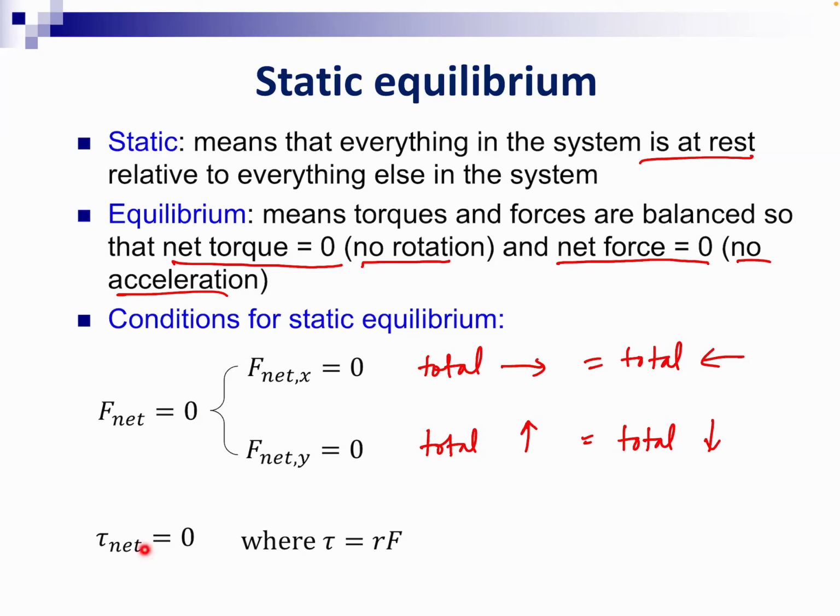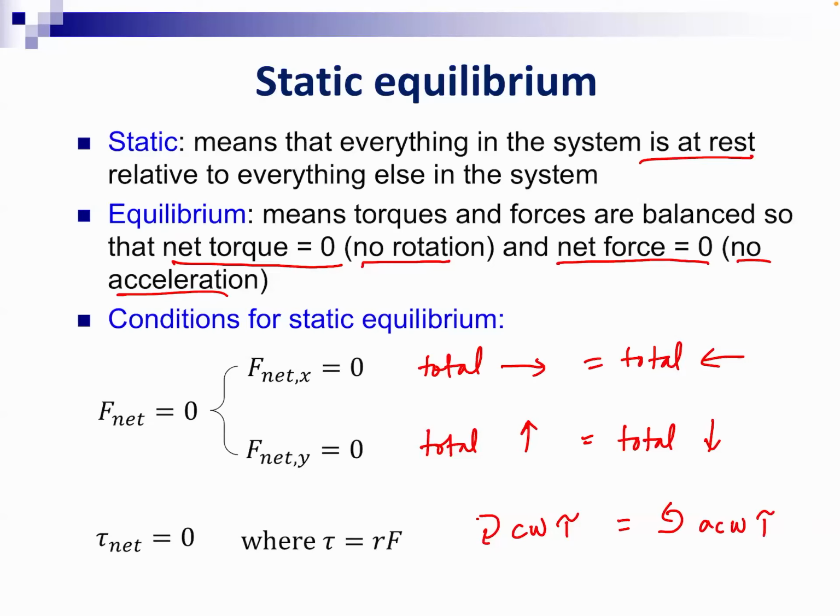Also, net torque is equal to zero. We've defined torque to be either clockwise or anti-clockwise, to achieve either clockwise or anti-clockwise rotation. So net torque equals zero essentially means that the total clockwise torque should be equal to the total anti-clockwise torque.